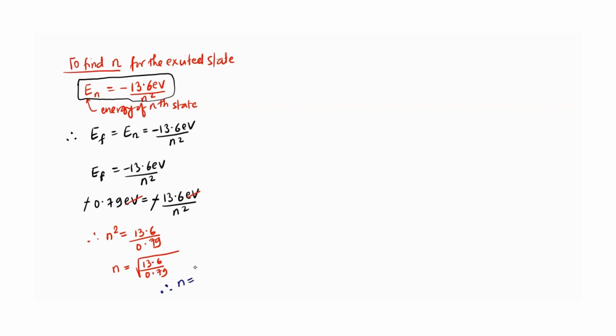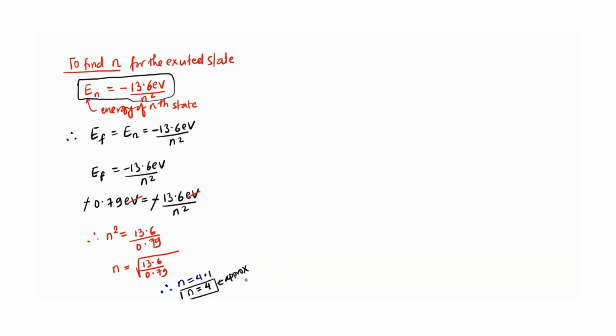So we get n equals 4.1. We take n equals 4, approximately. Clear?